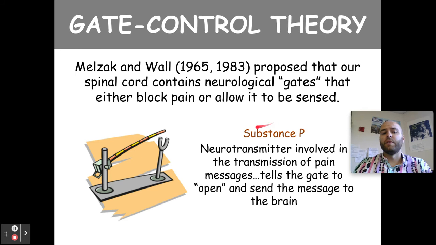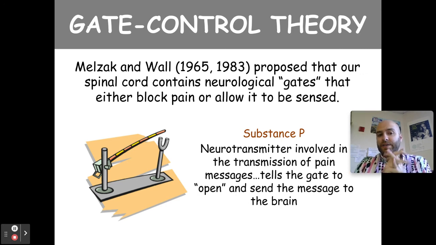What's involved in opening and closing that gate in our spinal cord, they believe, is something called substance P, which is actually the name of the neurotransmitter. It's involved in transmission of pain messages and tells the gate to open and send the message to the brain, or close and prevent that message of pain being sent.